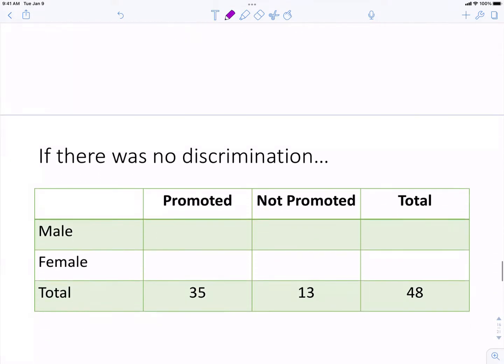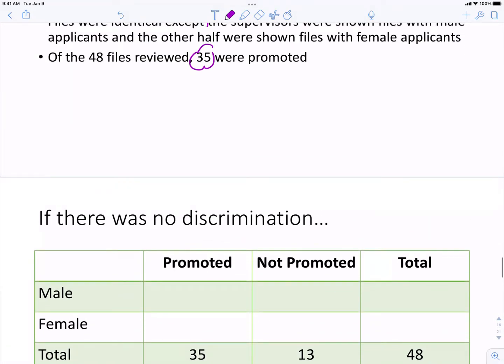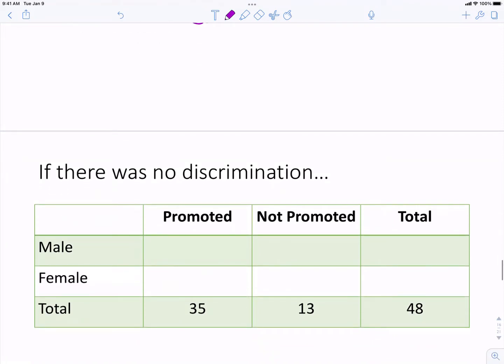Okay, so what would it look like if there was no discrimination? So remember, 35 were promoted. So if there was no discrimination, about half should be male and half should be female. So let's just say half of 35 is 17-ish. So maybe we have 17 males promoted and 18 females promoted, or something like that. 13 were not promoted, all right?